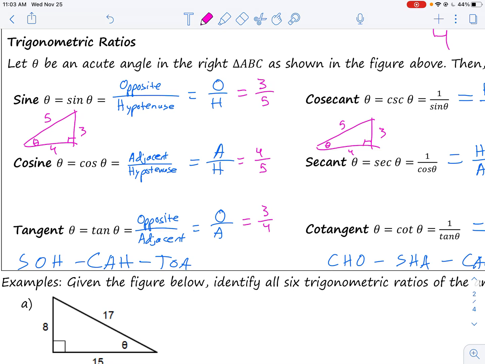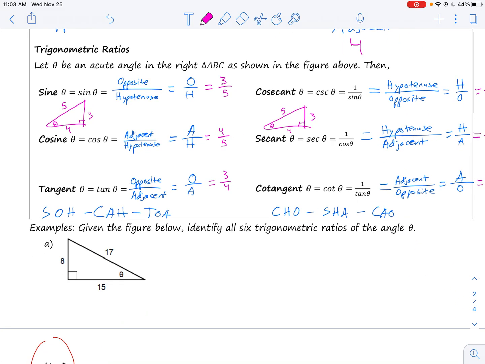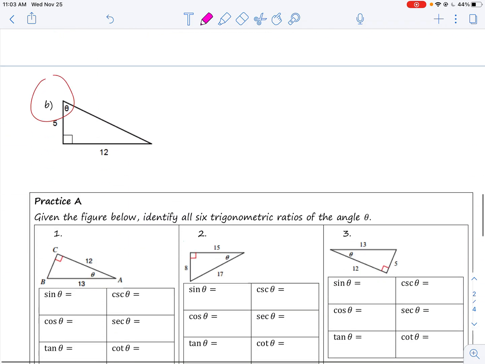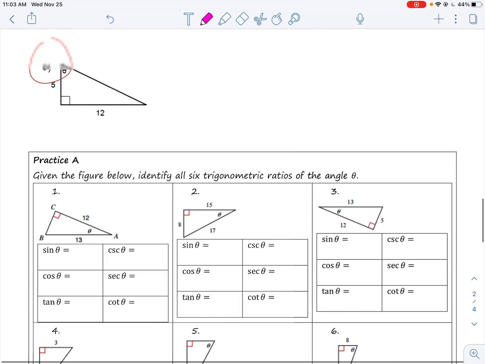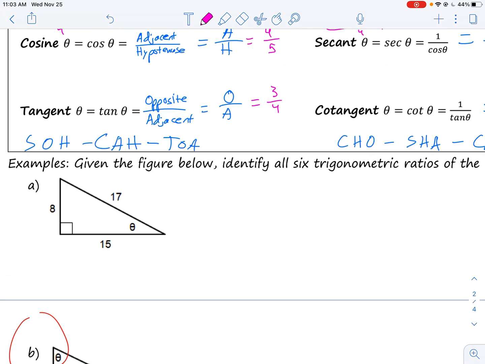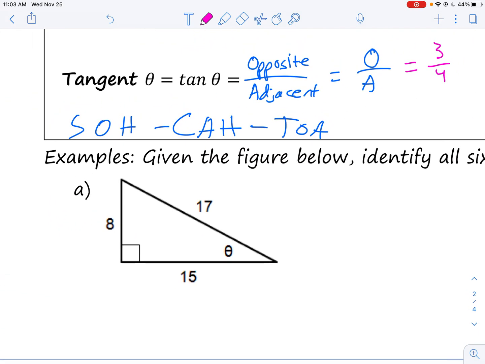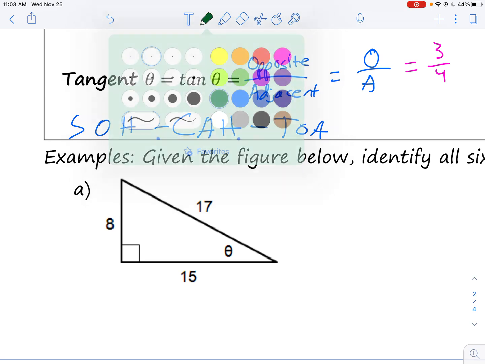And so, now we've done that, what's going on for the rest of this assignment is you're going to be confronted with a triangle, and you have to figure out what the trig ratios are for the given theta reference angle. So let's do that as an example here. Let's say I have this triangle, and let's switch colors. Let's do green.